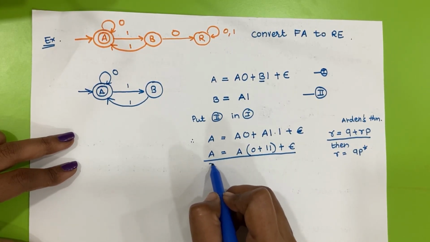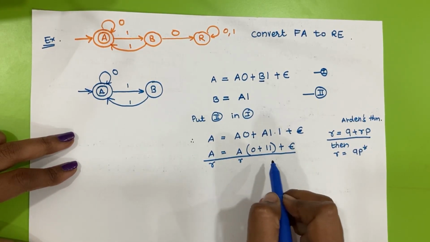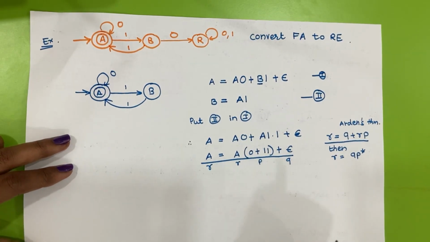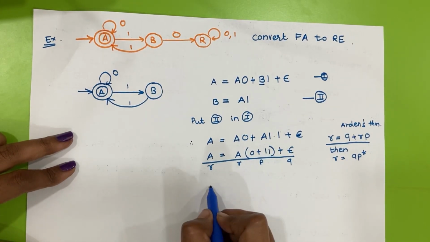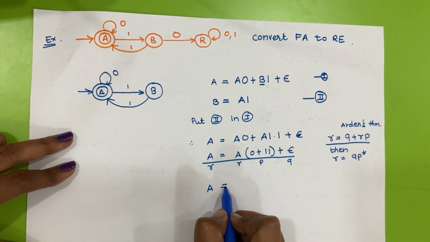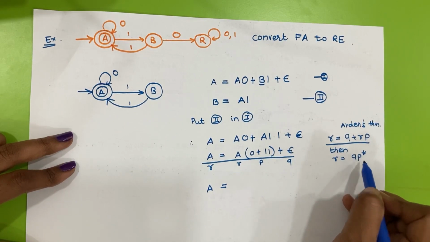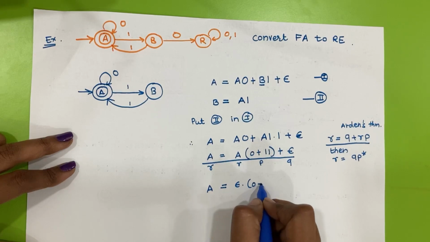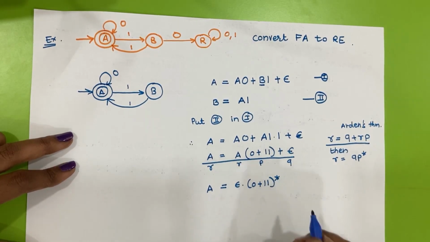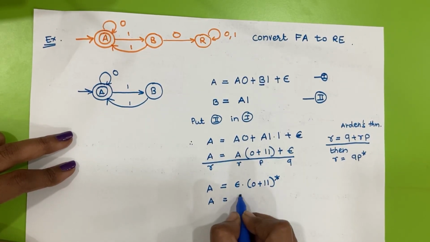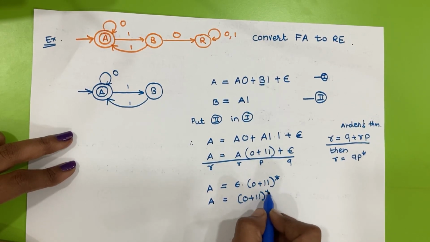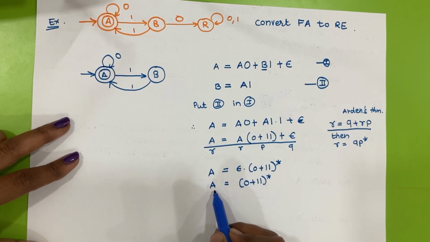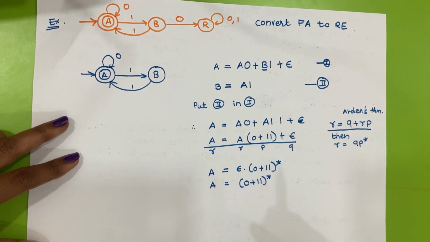This will be R, this is P and this is Q. So I can write A is equal to QP star. So Q is empty and P star is 0 plus 1 1 bracket star. So here I have got the value of A as 0 plus 1 1 bracket star.